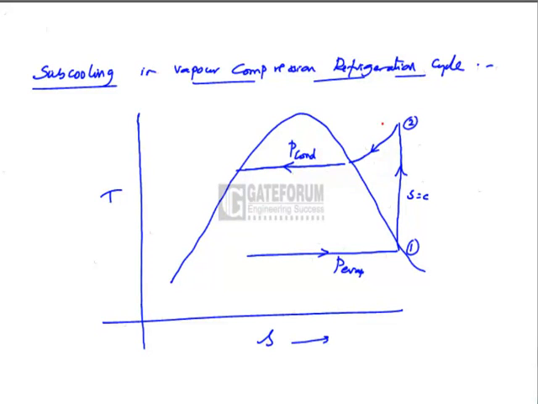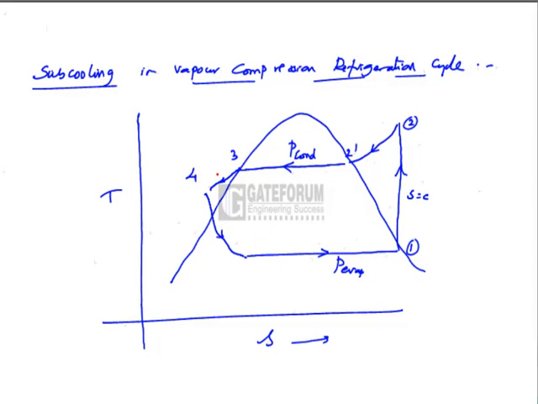State 1, state 2, state 2 dash, 3. 3 is a saturated liquid. In the previous simple VCR cycle, we have seen that at state 3, the refrigerant is entering the throttling device or expansion device. Now, in this case, this liquid is further cooled, subcooled within the condenser to state 4 and then allowed to expand in the throttle valve.